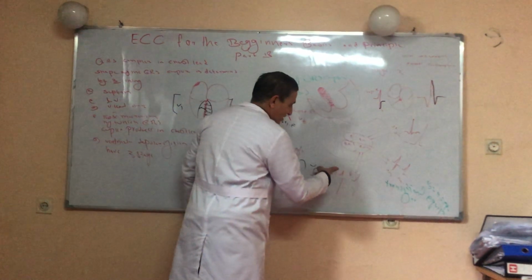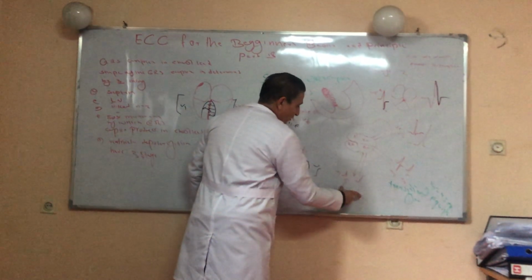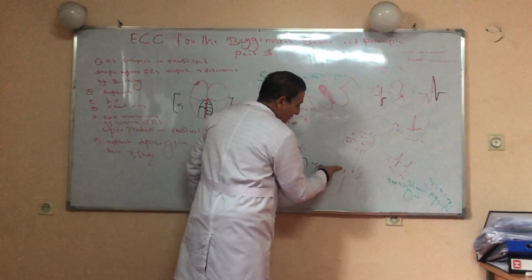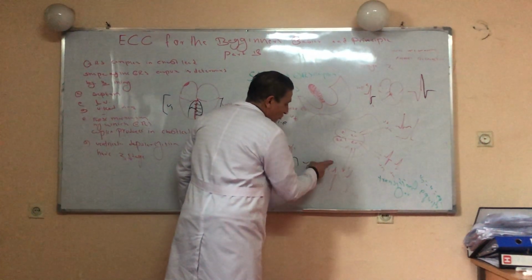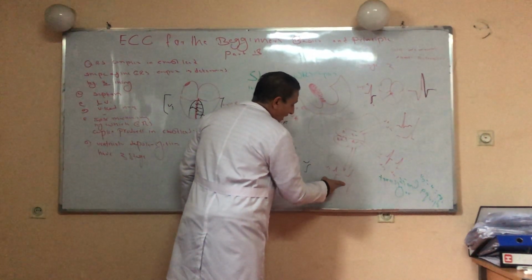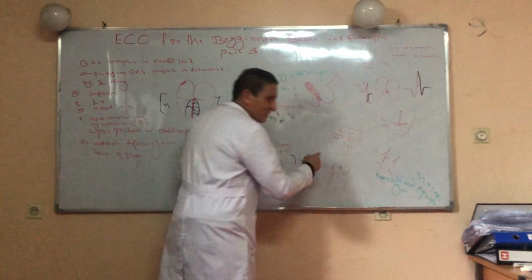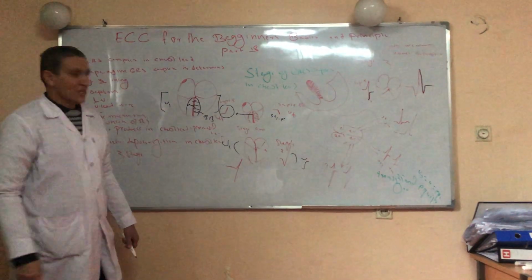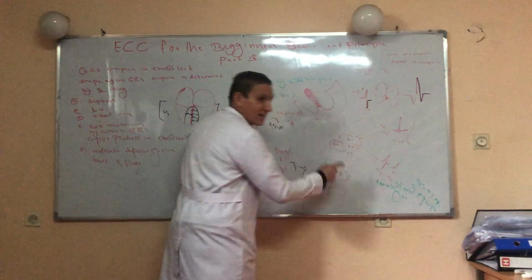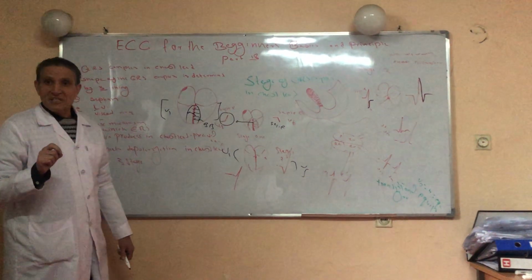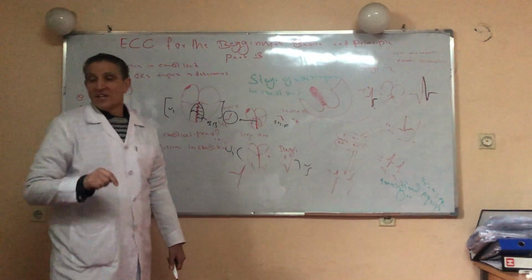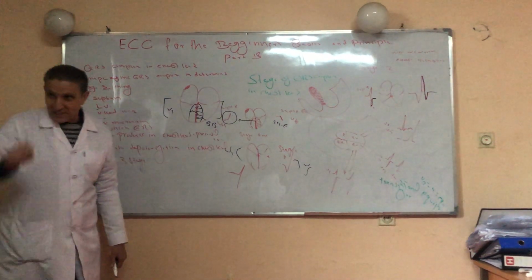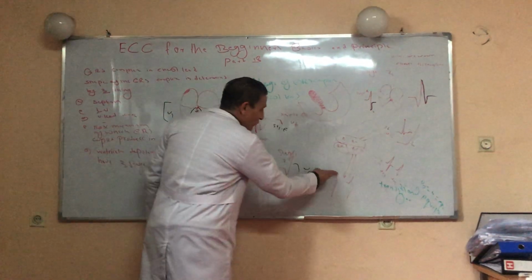So in this QRS complex, the R wave is smaller than the S wave, so the S wave is predominantly negative. This QRS complex is a negative QRS complex because the S is greater than the R wave. So this was V1.